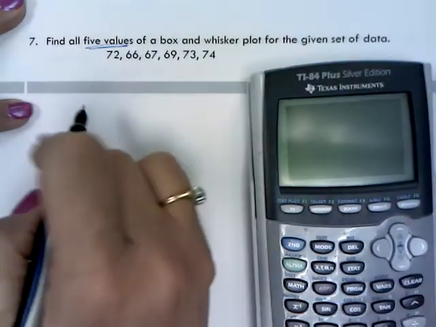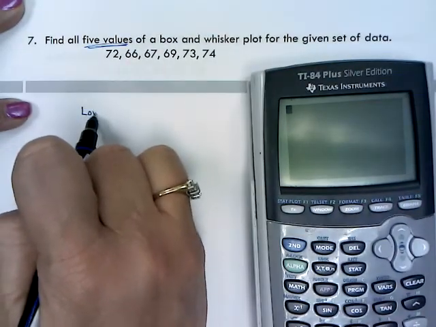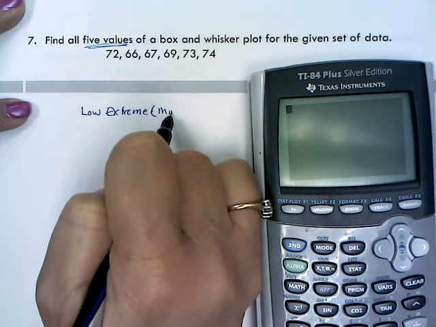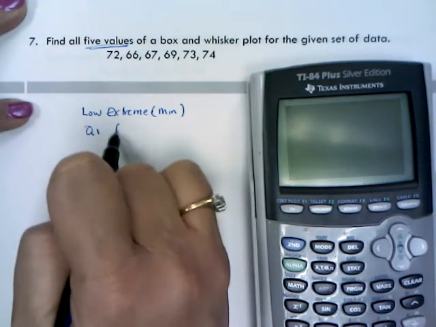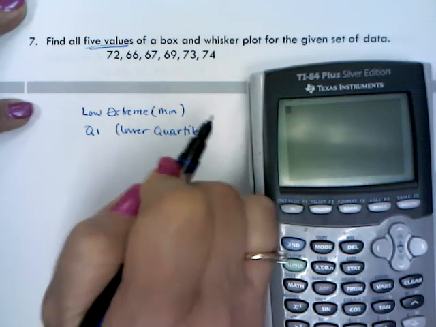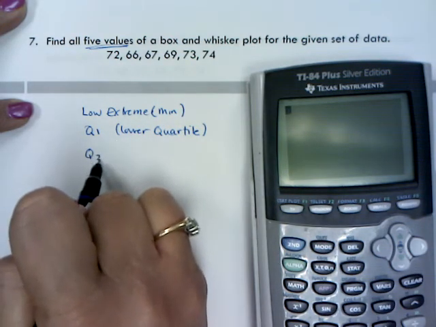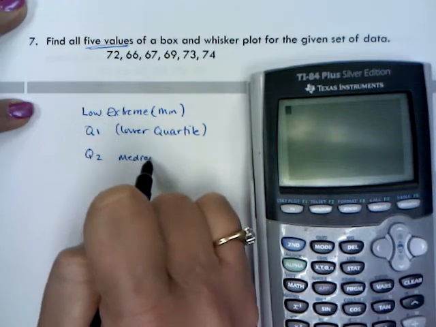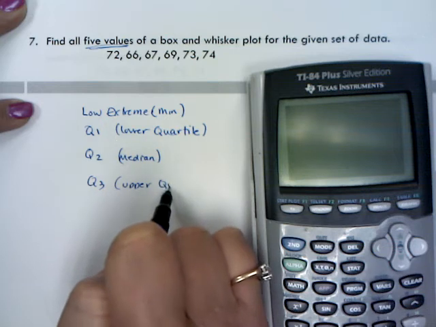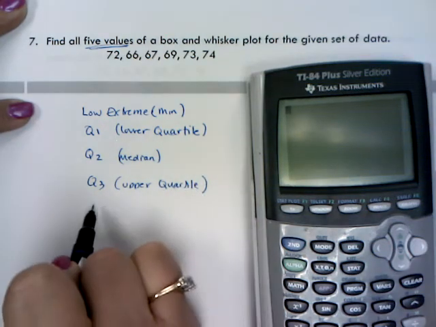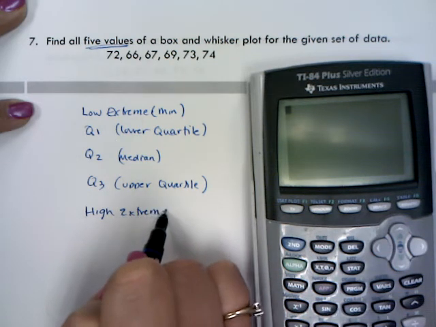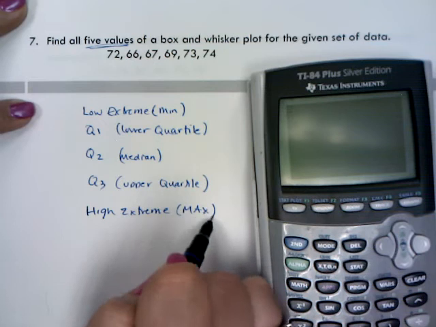The 5 values are the low extreme, which on the calculator says minimum; quarter 1, which is the lower quartile, if you remember from FOA 2; quarter 2, my median; quarter 3, my upper quartile; and then my high extreme, which we know in the calculator says max.